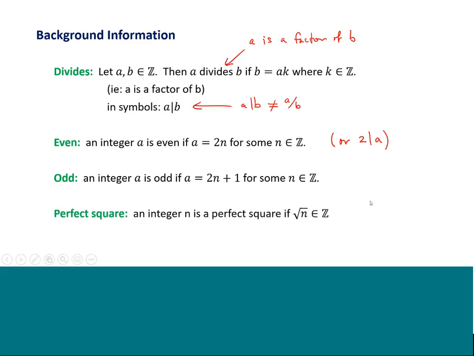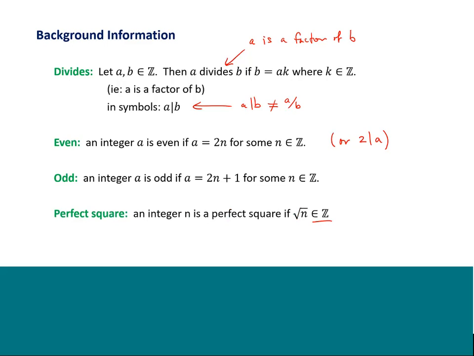And then lastly, we're going to need the definition of a perfect square. We looked at this on Friday, but I don't remember if I wrote it down. The definition of a perfect square can be given in 2 different ways. An integer n is considered a perfect square if the square root of n is also an integer. Often dealing with the square root is not helpful.